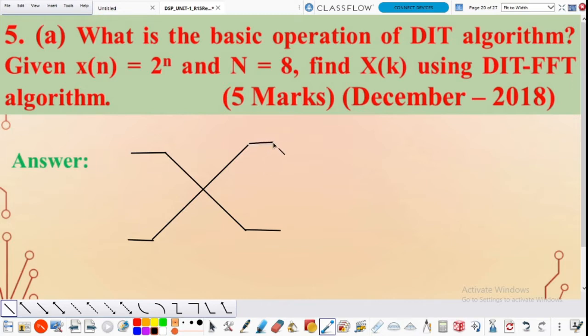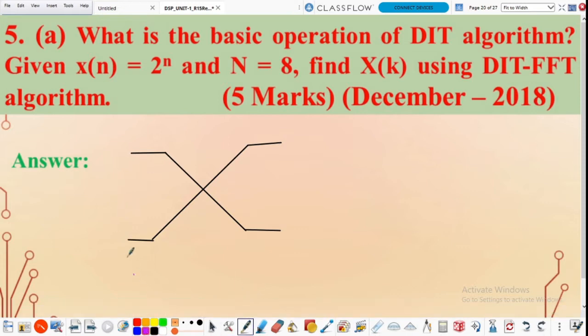So this butterfly diagram consists of two input nodes. One input is A and another input is B. And this is the twiddle factor, W_N power k, and this is the butterfly node. This butterfly diagram has two outputs.